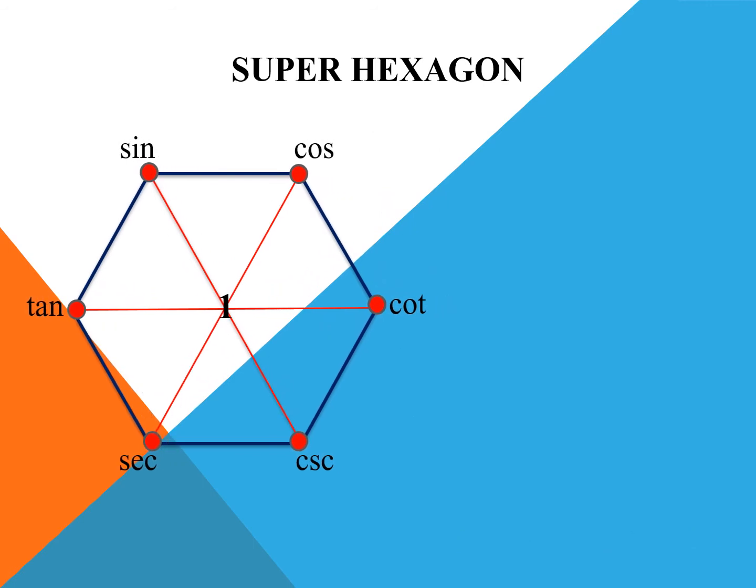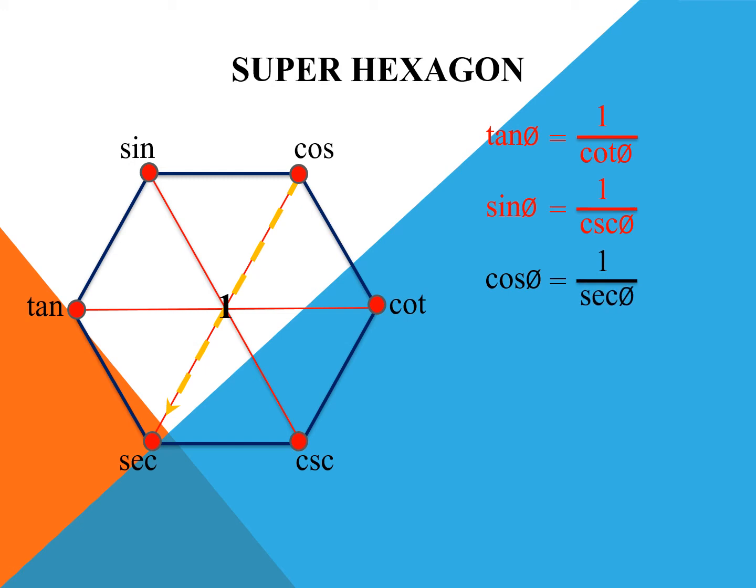Let us read the functions from one function to the opposite function. It will cross number 1. That is why 1 is there. Tangent theta is equal to 1 over cotangent theta. Sine theta is equal to 1 over cosecant theta. Cosine theta is equal to 1 over secant theta.